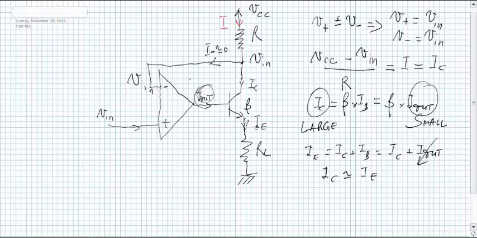So now our load is getting the current I here. But here's the beauty of this configuration. This is I, which is the same as IE. Here's the beauty of this configuration.